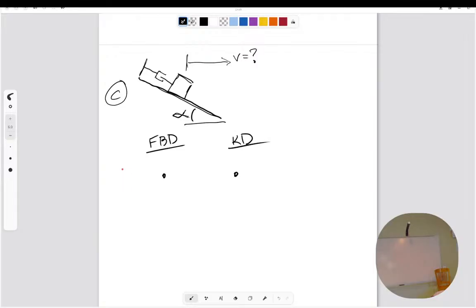That one is some constant times velocity. For dampers, the unit ends up being kilograms per second.